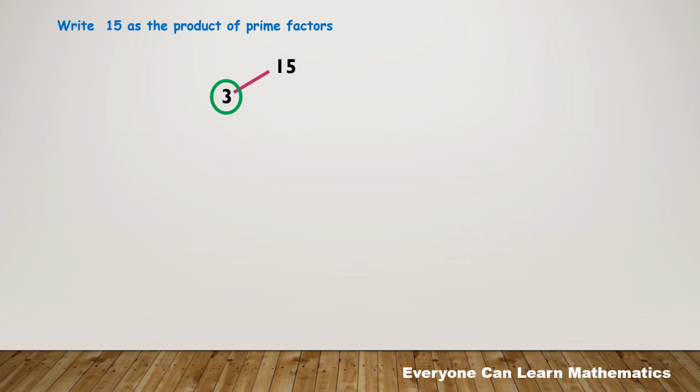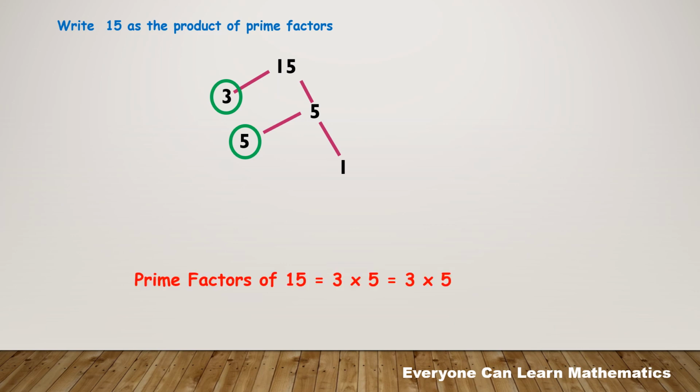So 3 times what is 15? We know 3 times 5 is 15. Now 5 is no more divisible by 3, so we will go to the next prime number, that is 5 itself. So 5 times 1 is 5. Now, here are the prime factors of 15, that is 3 multiplied by 5.